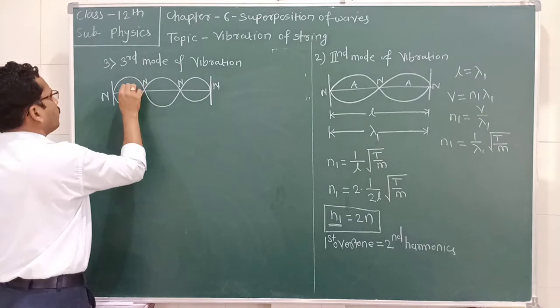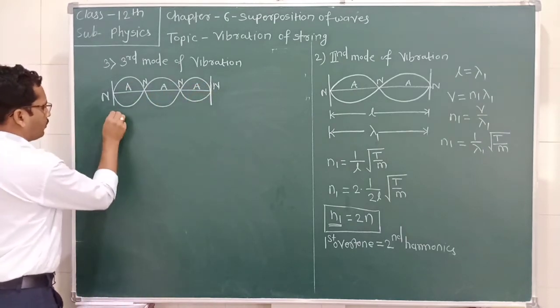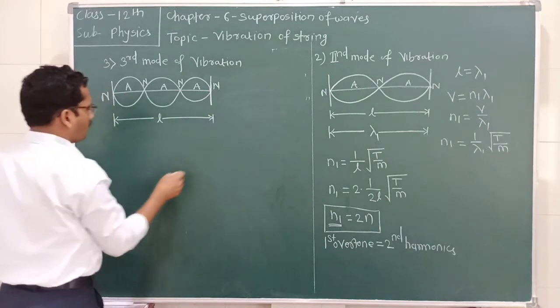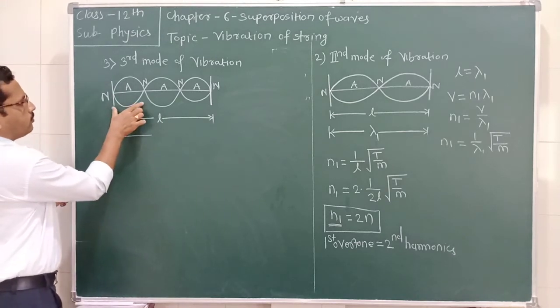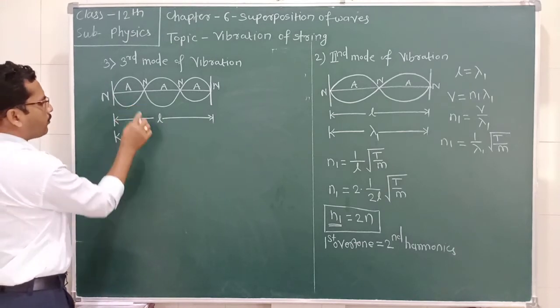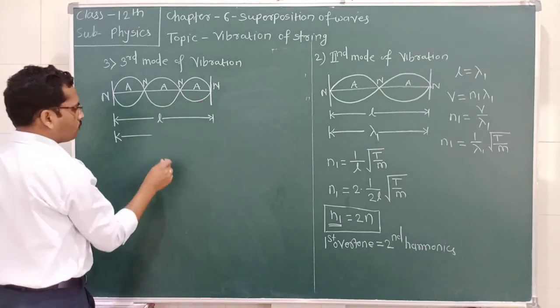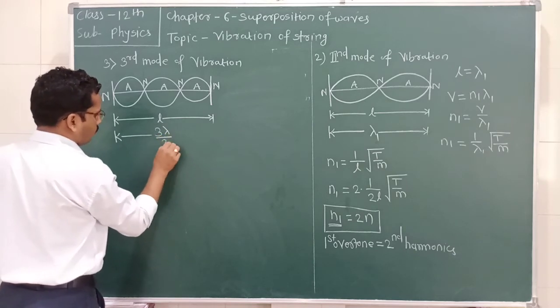This is antinode, antinode, antinode. Suppose this is the length of the string, and now the distance between two successive nodes is equal to lambda by 2. Between these two, lambda by 2, and with this, 2 lambda by 2, it is 3 lambda by 2.